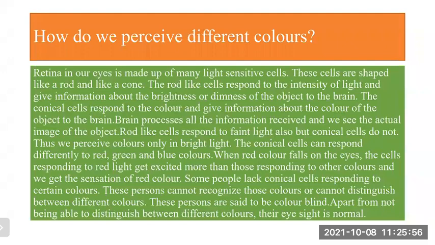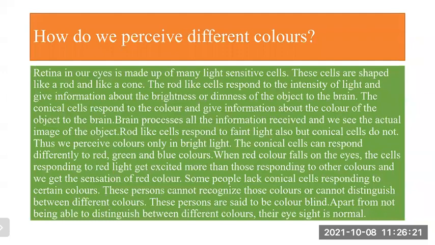Why are some people not able to recognize the different colors? Because they lack the conical cells. So up till now you might have understood the role of the conical cells, isn't it? So these people lack the conical cells which respond to certain colors.